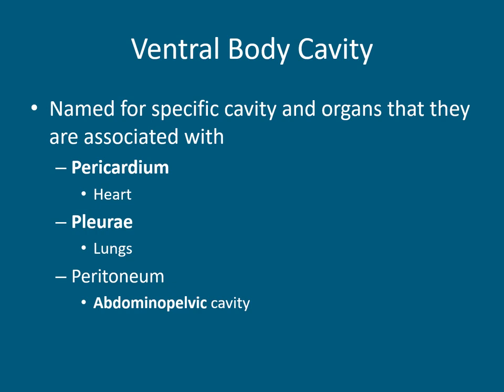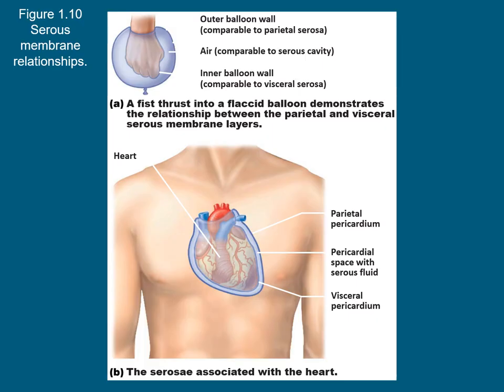And in the ventral body cavity, once again, pericardium contains the heart, pleural contains the lungs. Peritoneum is what is referred to as the abdominal pelvic cavity area. So this is just showing the membranes, the pericardial membranes that are surrounding the heart.